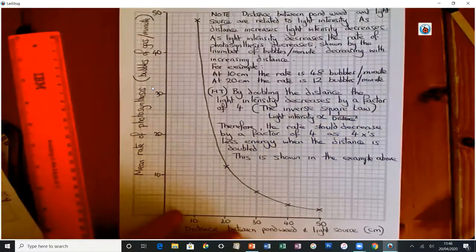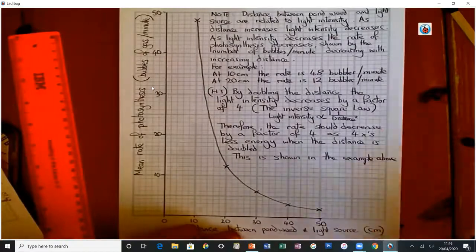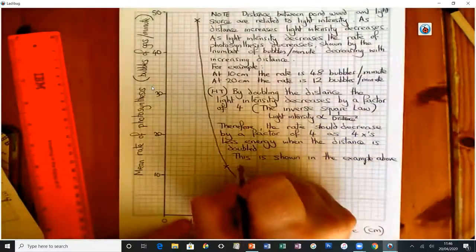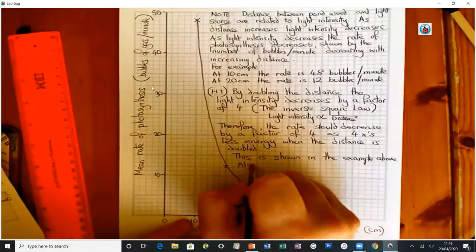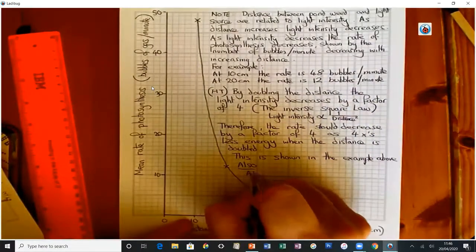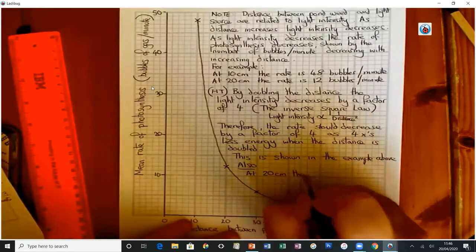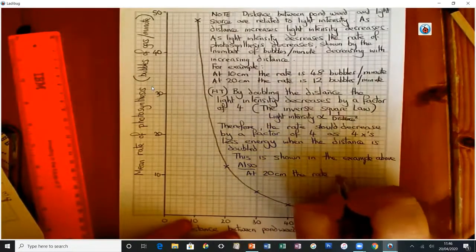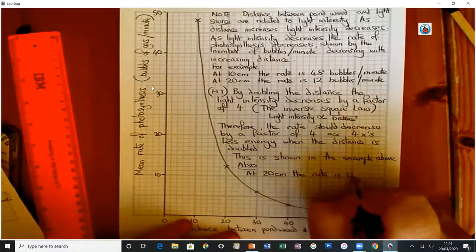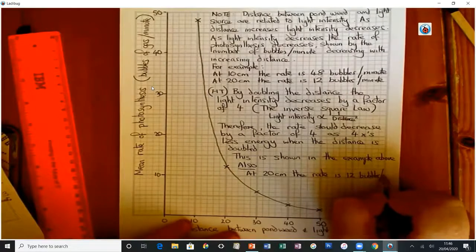So does it work when we go from 20 centimeters to 40 centimeters? So we double 20 to get 40. So let's have a look. Also, at 20 centimeters, the rate is 12 bubbles per minute.